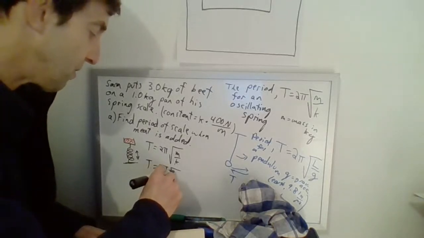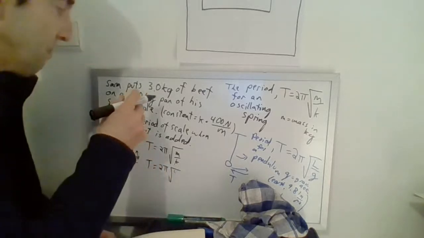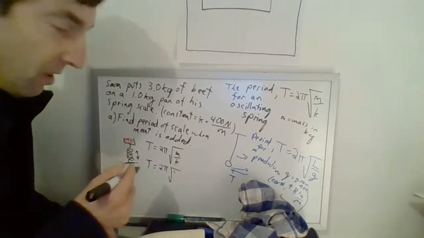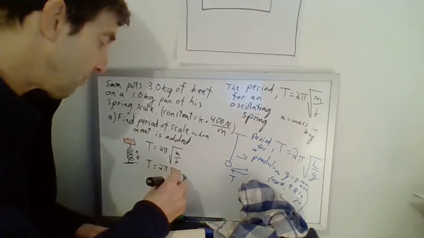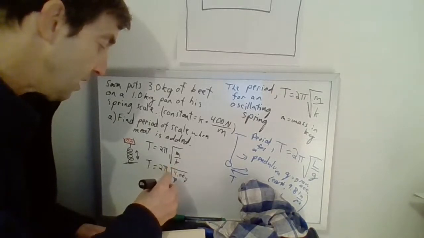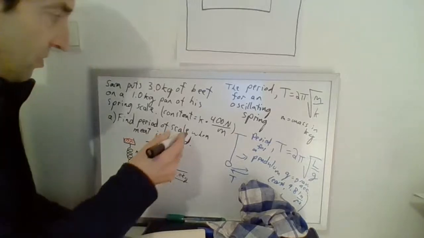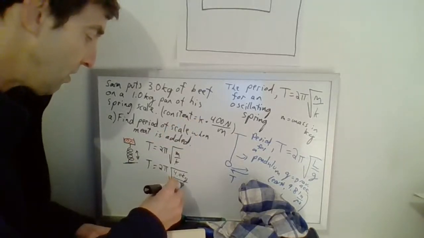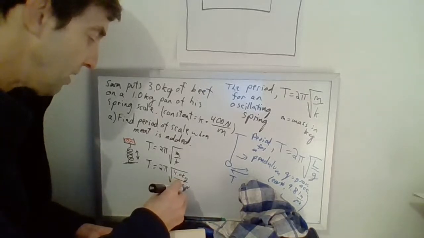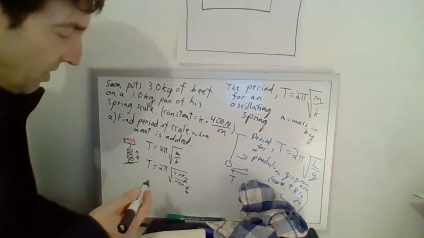So 4 kilos. Why? Because it's the meat plus the weight of the pan I got to put in there too. So 4.0 kilograms divided by the k, and they gave us that, so it's divided by 400 newtons per meter.